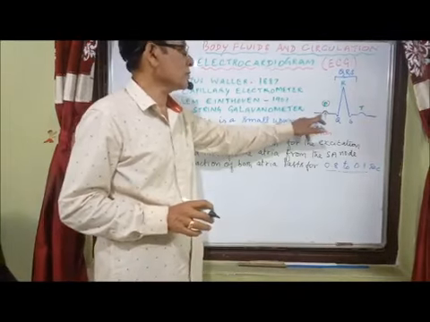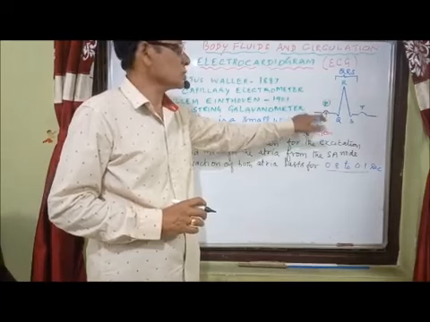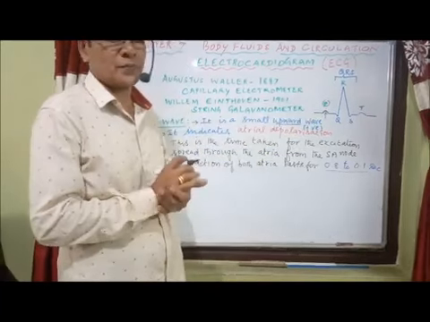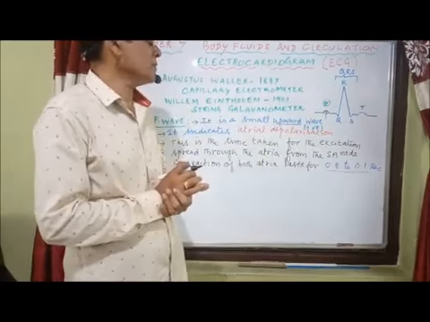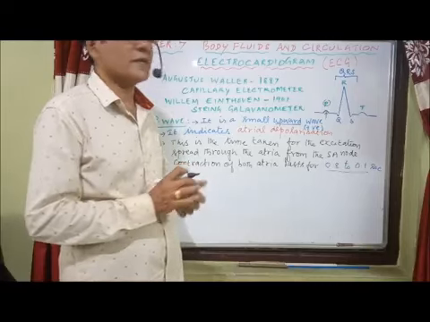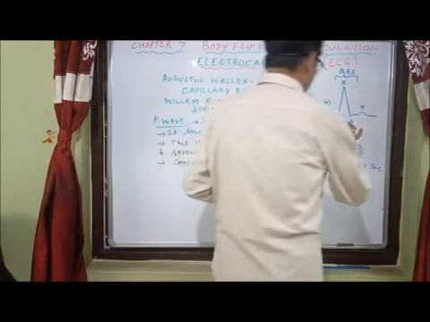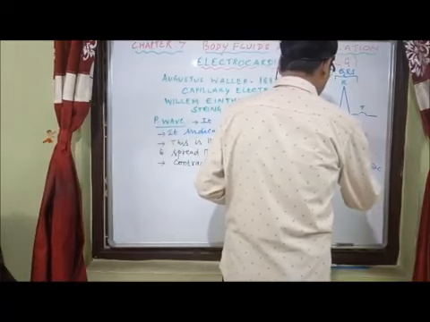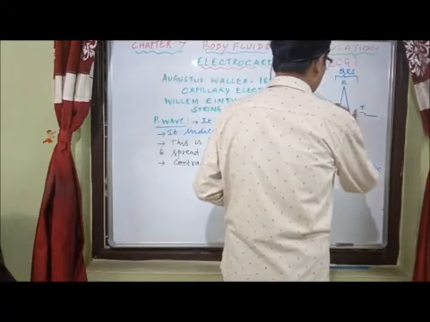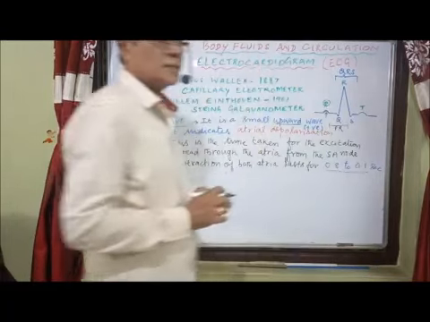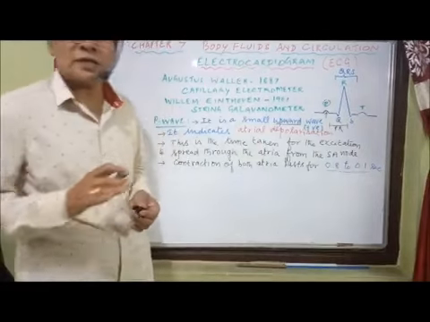Now this is the P wave. I'm indicating it with a different color, showing the starting point of the P wave. Now this P wave is followed by the PR interval, the interval between P and R. This is the atrioventricular delay.